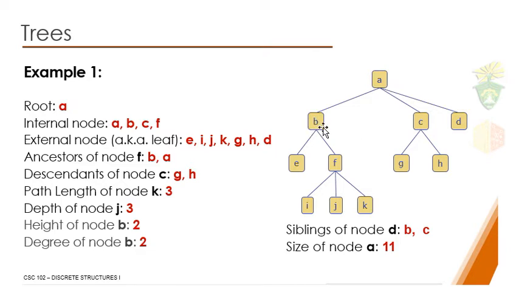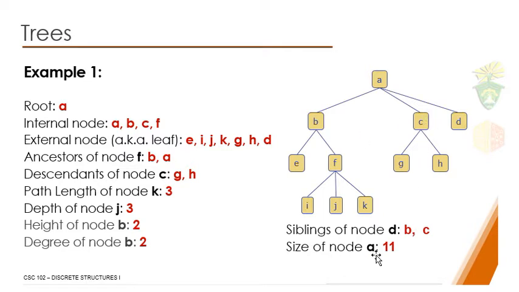So, we have 2. This is one tree, and this is another. And then the siblings of node D are the nodes with the same parent, so we have B and C.